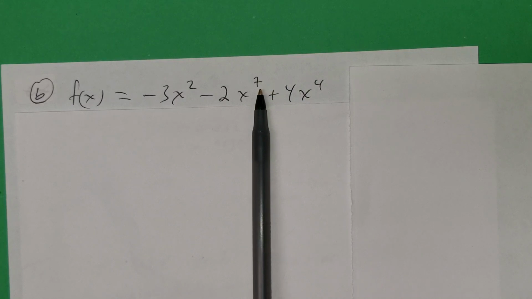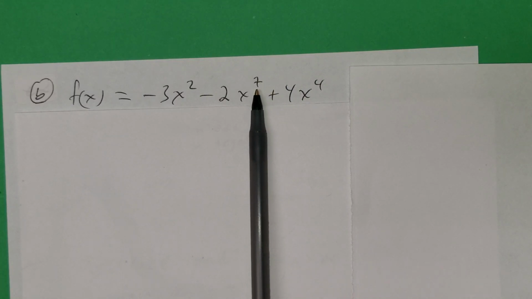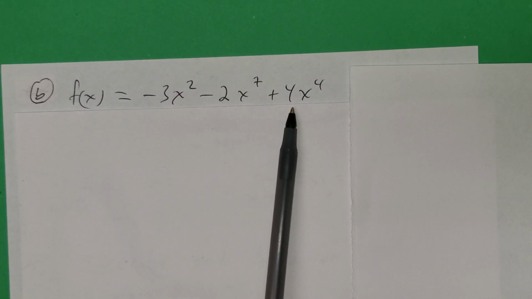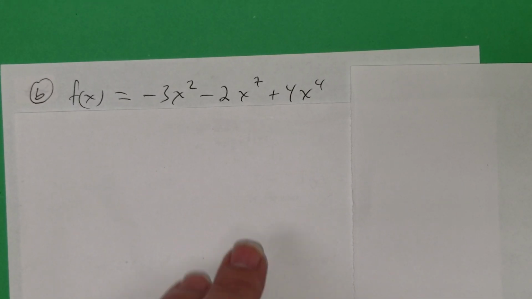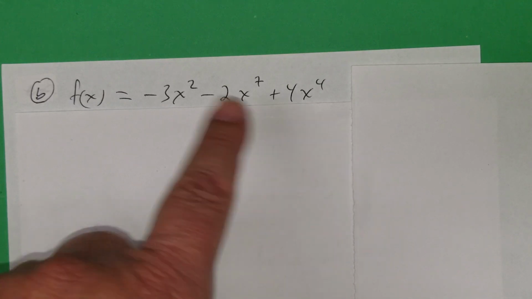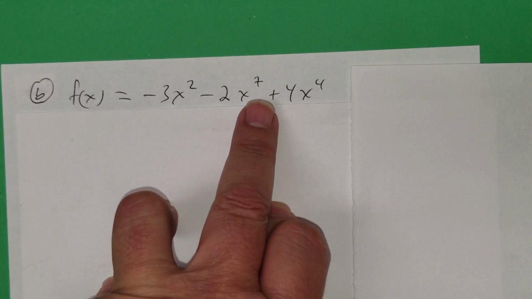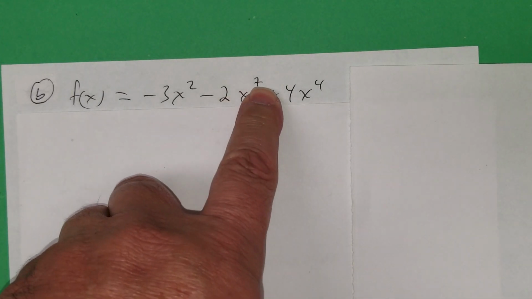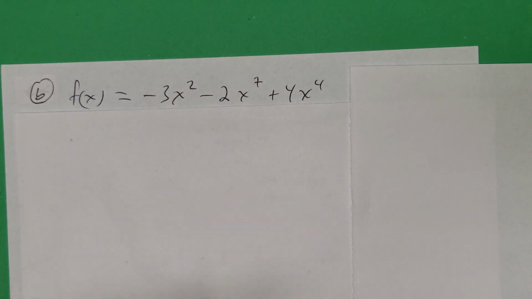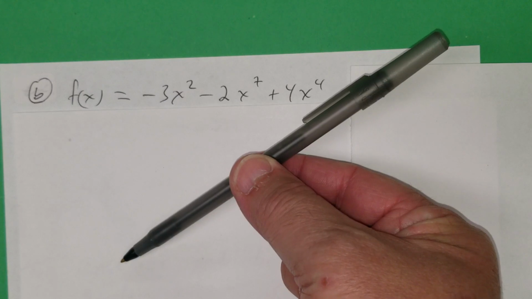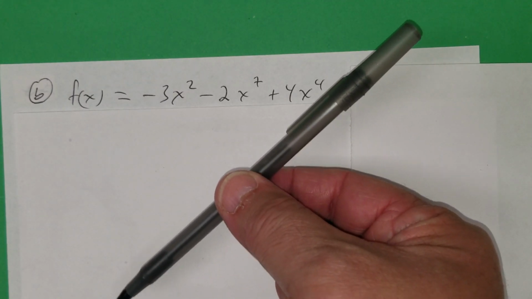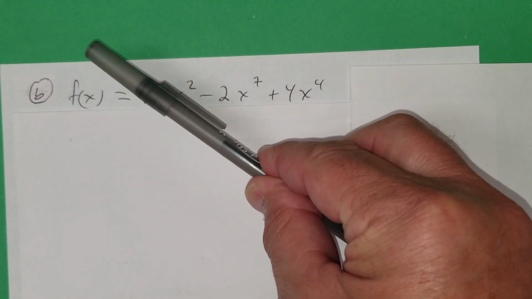So this is what we're looking at, right? We could rearrange it and take the time to rewrite it, but that's not necessary because we know we look for the highest power. That's what classifies a polynomial. So this is a degree 7, which is odd. Odd means one end going up and one end going down. One up, one down.